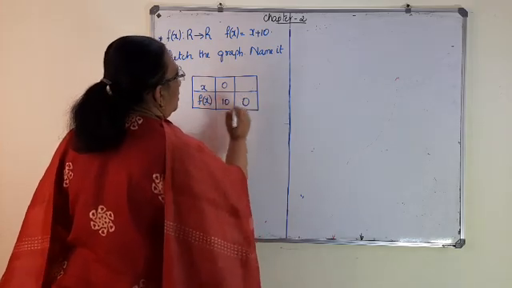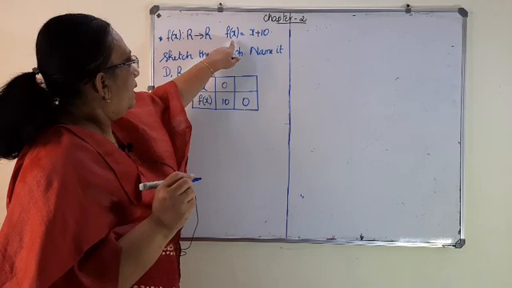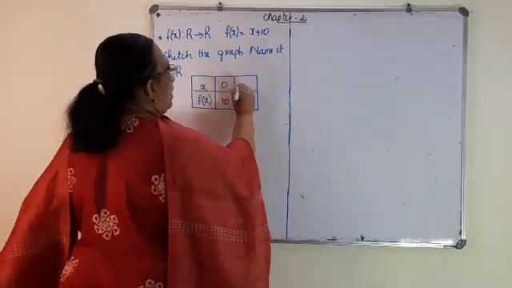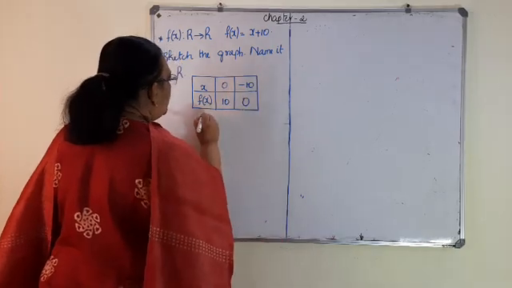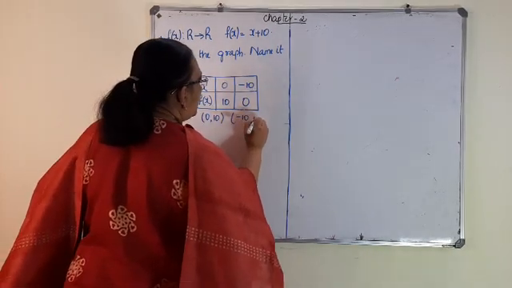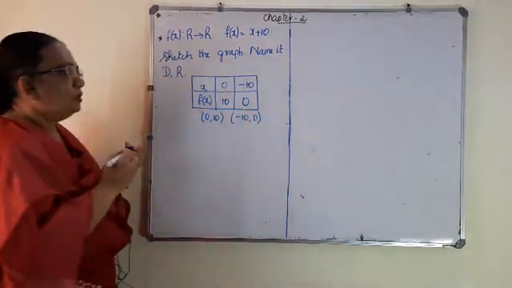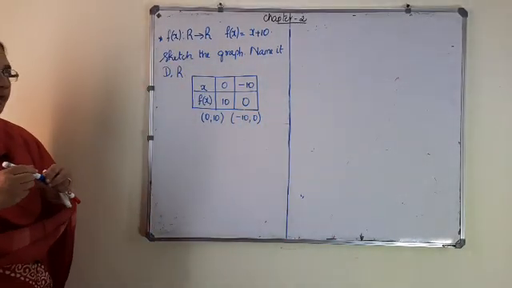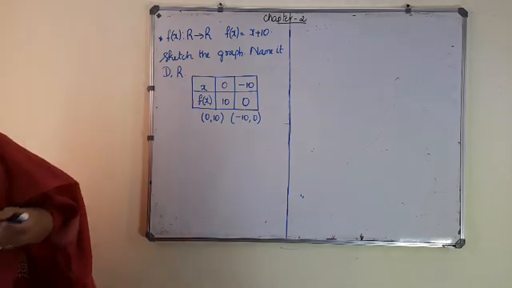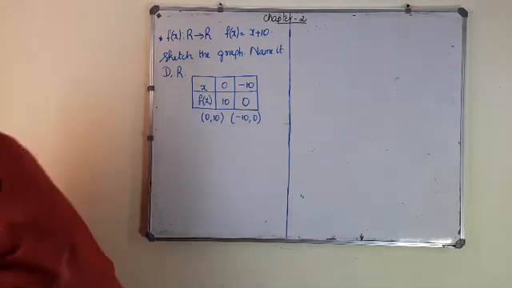When I put f of x is equal to 0, x is equal to minus 10. So the points are 0, 10 and minus 10, 0. A minimum of 2 points are required to construct a straight line. Now let us draw the graph.